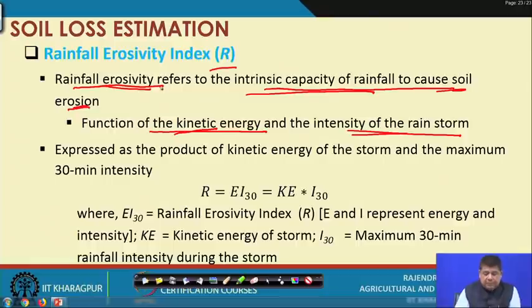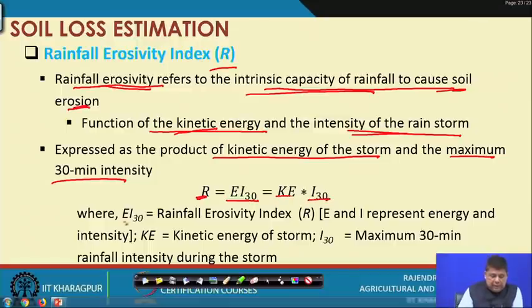That is referred to in terms of rainfall erosivity, and it is expressed as the product of the kinetic energy of the storm and the maximum 30-minute intensity of the storm, that is, R is EI30, equal to KE times I30, where EI30 is the rainfall erosivity index R, where E and I represent energy and intensity.